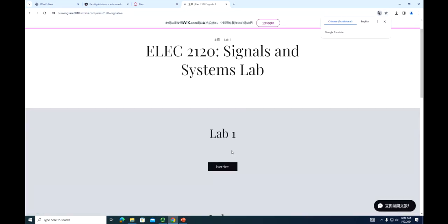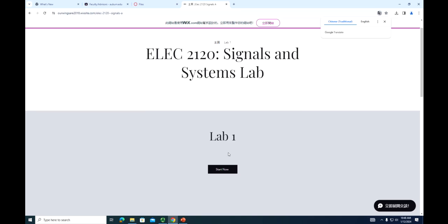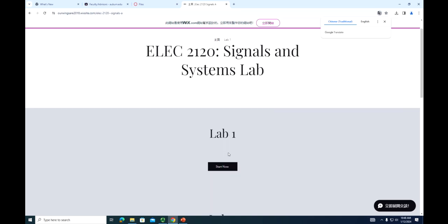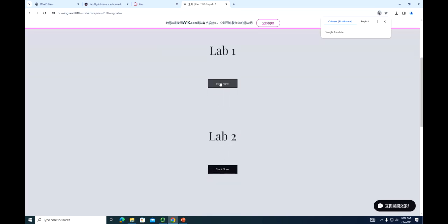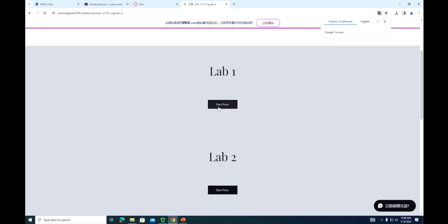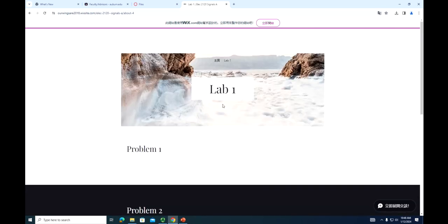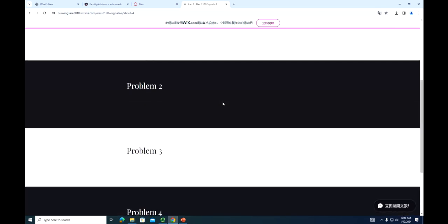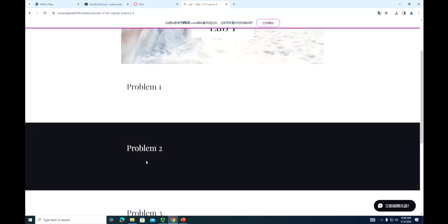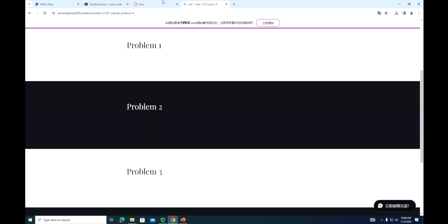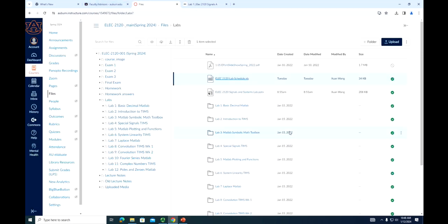Your report should be a website, and for example, this is lab 1. You can open it, and this is the web page of lab 1. It should answer the problems of your lab 1.